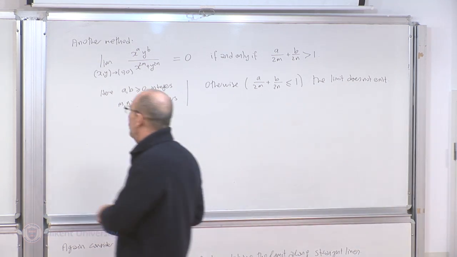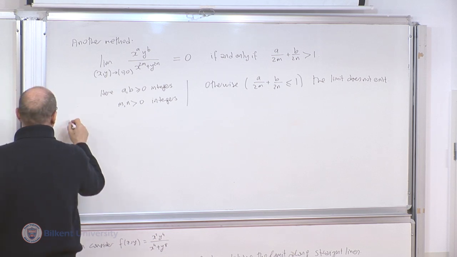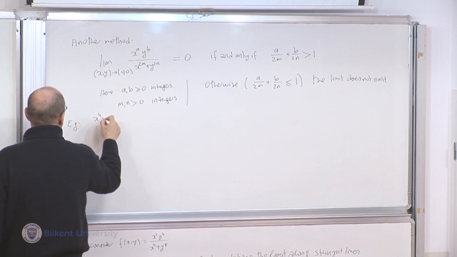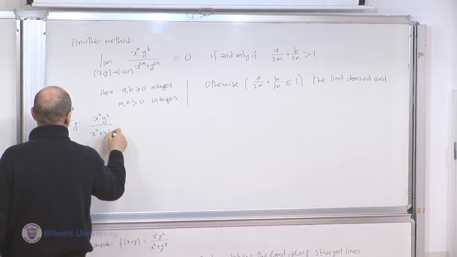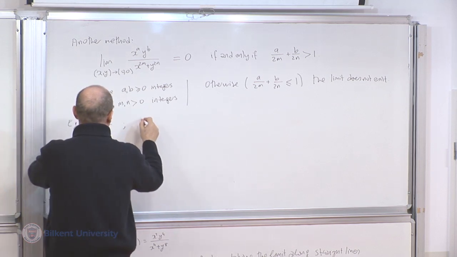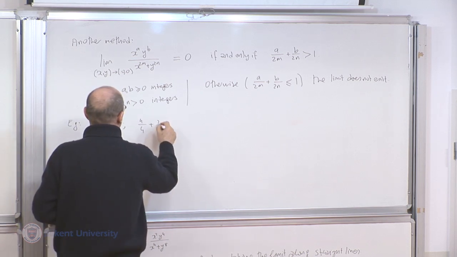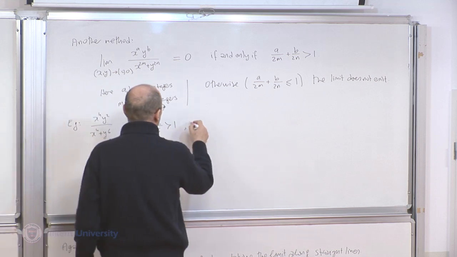So going back to this example, we had x^4 y^2 over x^4 plus y^6. Okay, so we have 4 over 4, well, we already have 1 here, plus 2 over 6. You see that this is larger than 1. So the limit is 0.